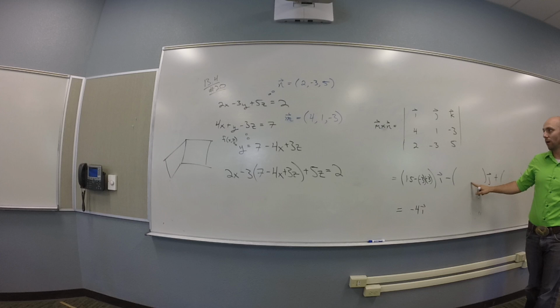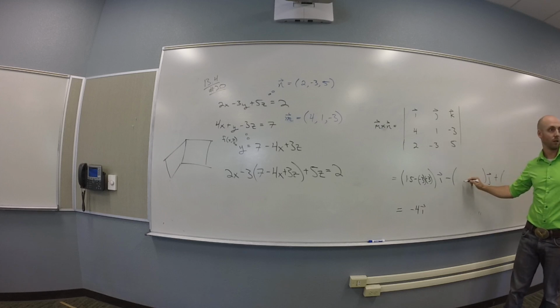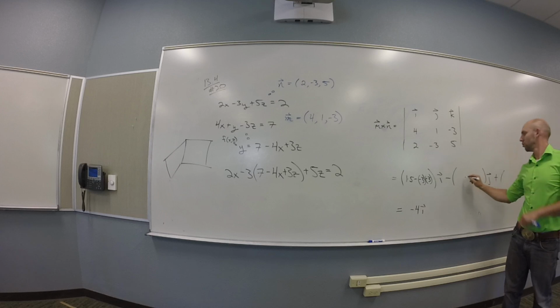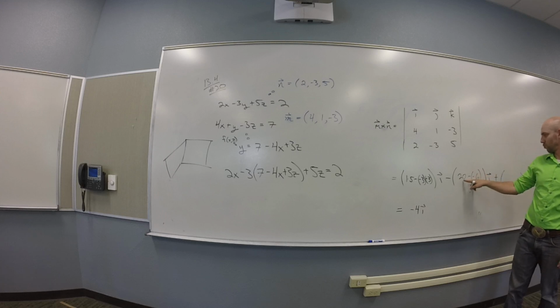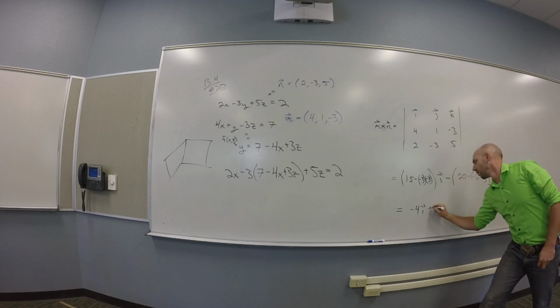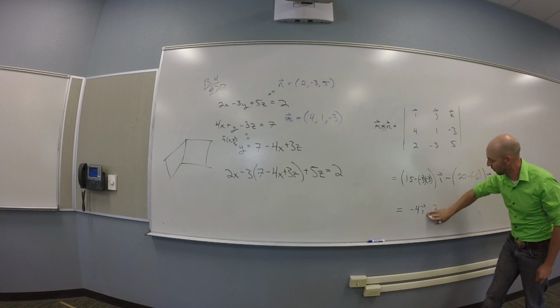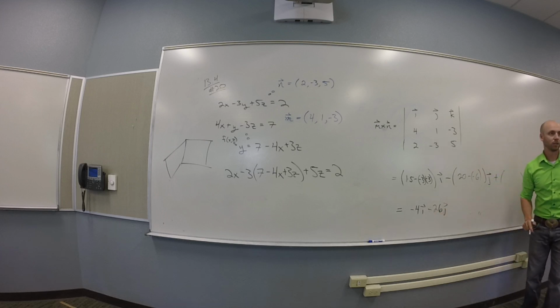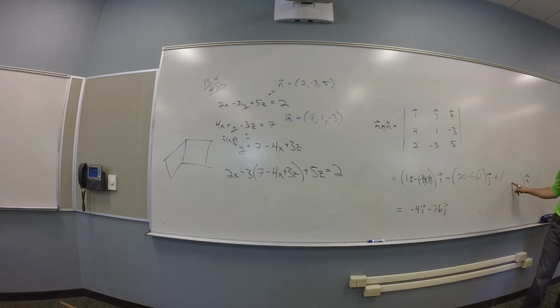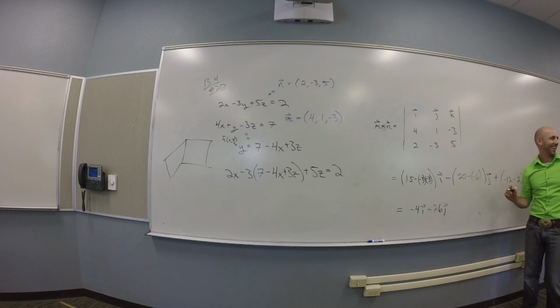So the j's are what? 20 minus -6? Yeah. Okay, so I got 26, make it negative. Oops, I said 26. Make it negative, and then I wrote positive 26. So I got negative 26 j's. And the k's are -12 minus 3. Oh, 2. Yeah. Y'all suck at arithmetic, and so do I.